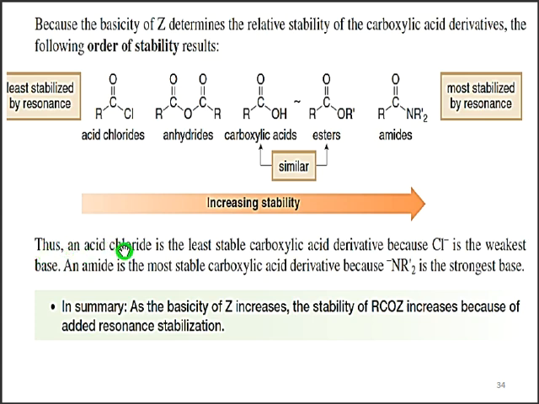Thus, an acid chloride is the least stable carboxylic acid derivative, because the chloride is the weakest base, and amide is the most stable carboxylic acid derivative, because the nitrogen is the strong base.